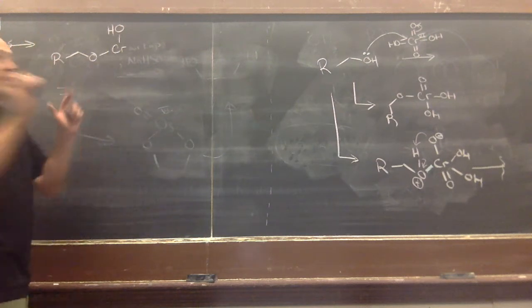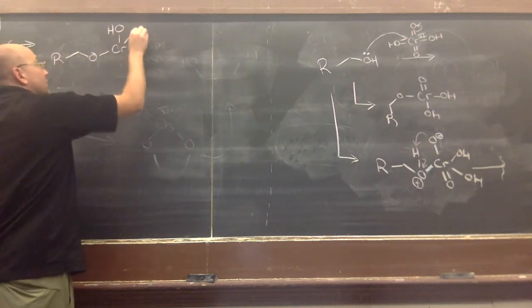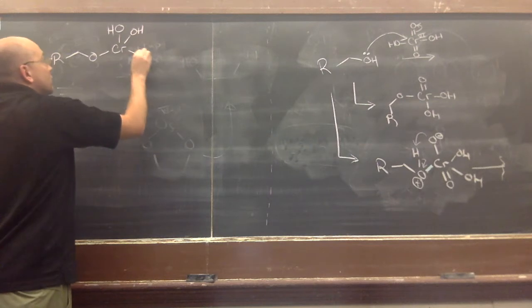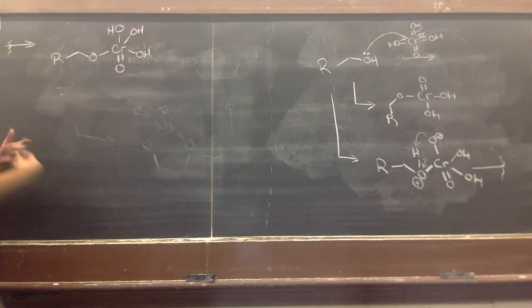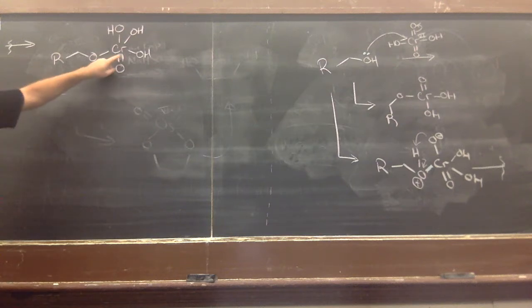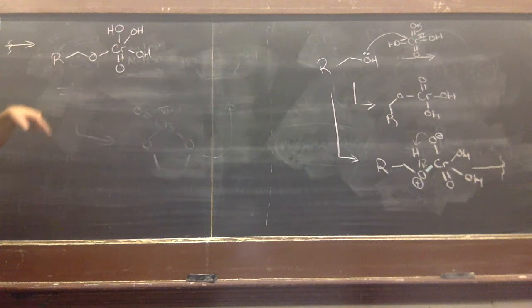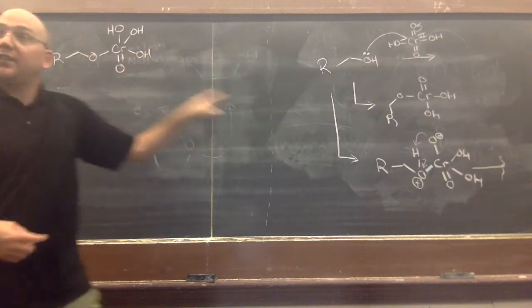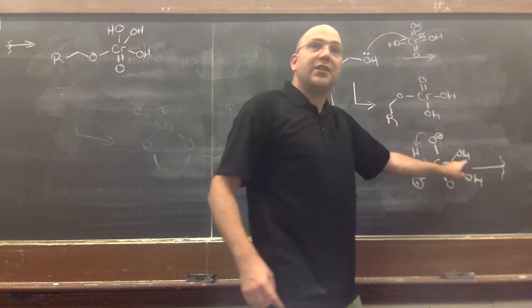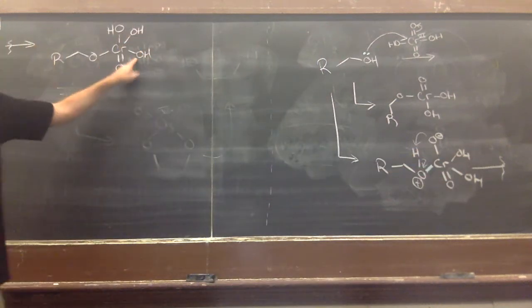Again, we're not going to change anything else. But we've made this overall system neutral. So again, we should still have 6 bonds here. 1, 2, 3, 4, 5, 6. I'm double checking to make sure everything looks good. We had 2 hydroxyls previously, so you double check everything to make sure you haven't changed anything. We had 2 hydroxyls there. We got 2 hydroxyls here.